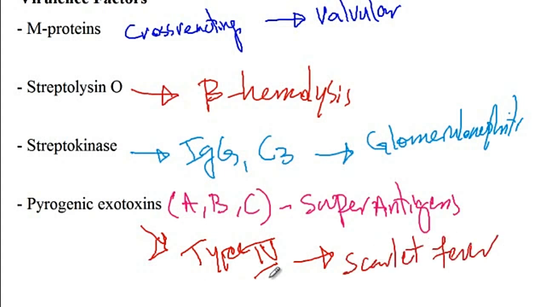And then type 4 hypersensitivity reactions require prior exposure to the antigen. So these patients have been previously infected with group A Streptococcus and been exposed to the exotoxins. When there is another infection, there could be a T-cell mediated immune response which can lead to scarlet fever.